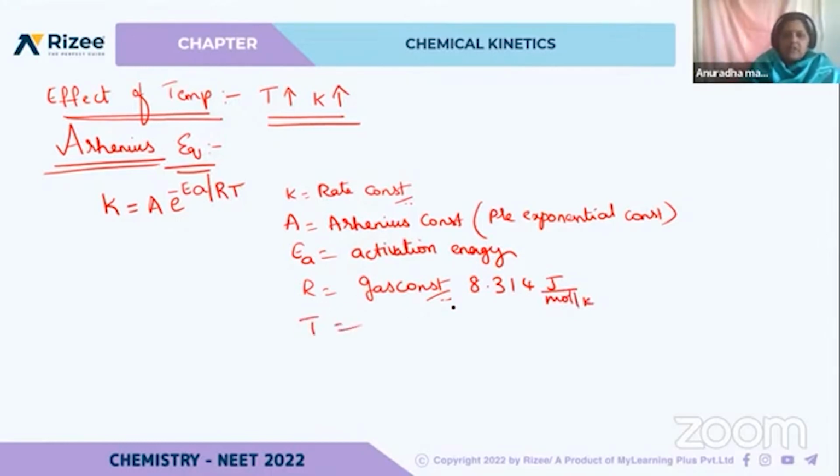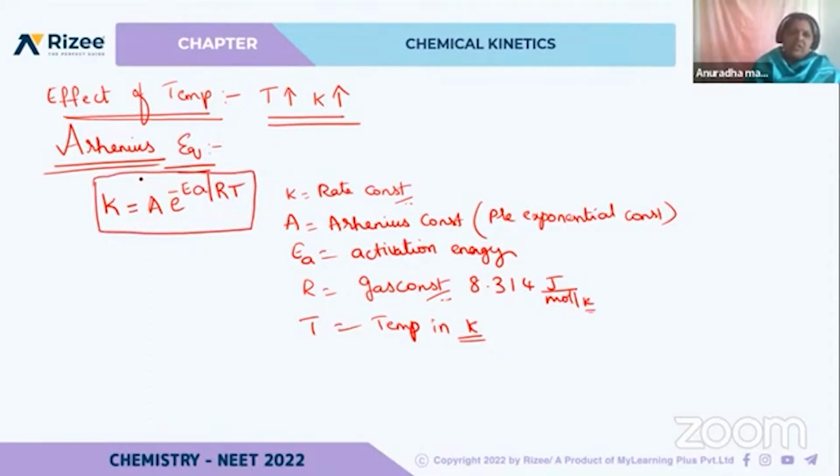And temperature here should also be taken in Kelvins. This is important for your numerical sums. So this is the relation between K and T. So if T increases, K is going to increase.